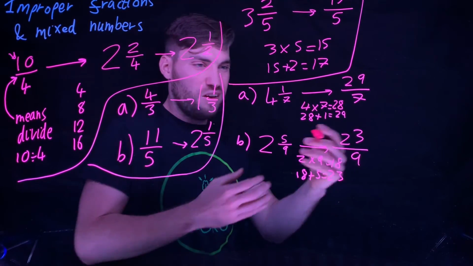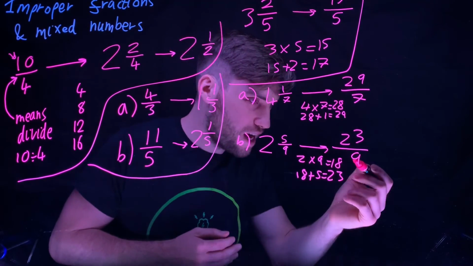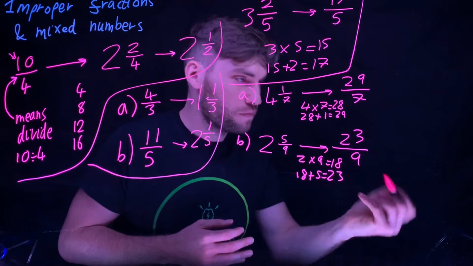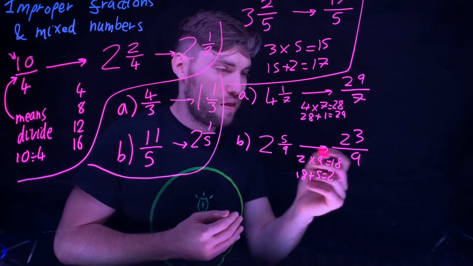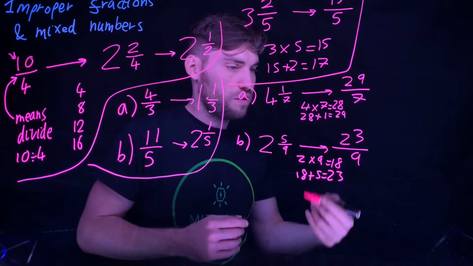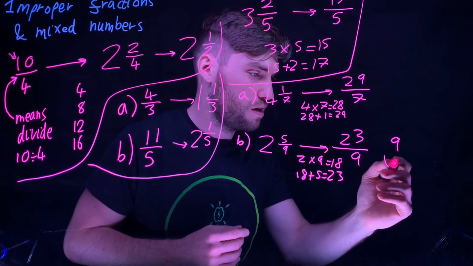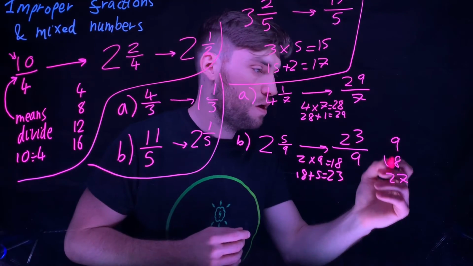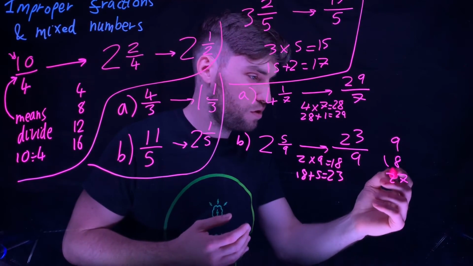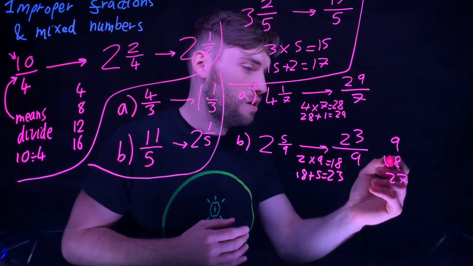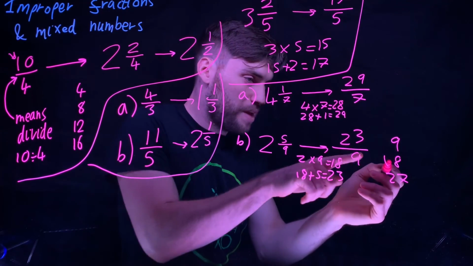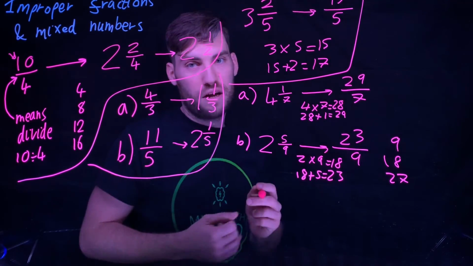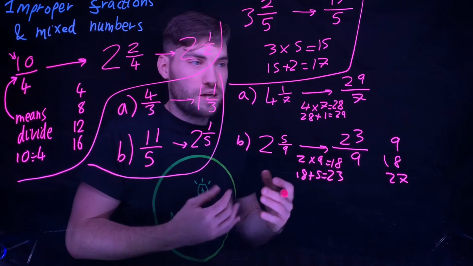And to check that, you can just go backwards. How many 9s go into 23? 9, 18, 27. 27 is more than 23, so that's 2 whole ones. Then how do I go from 18 to 23? It's 5. Yeah, and that's a way of double checking.